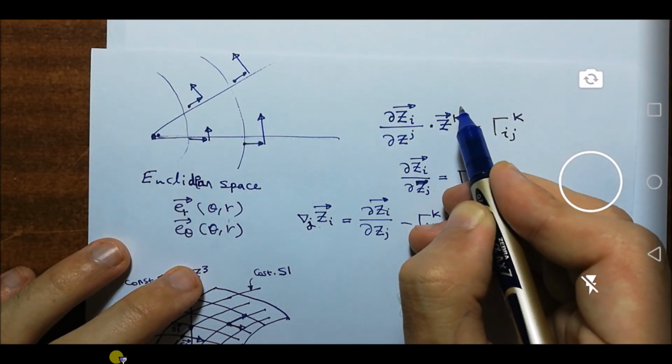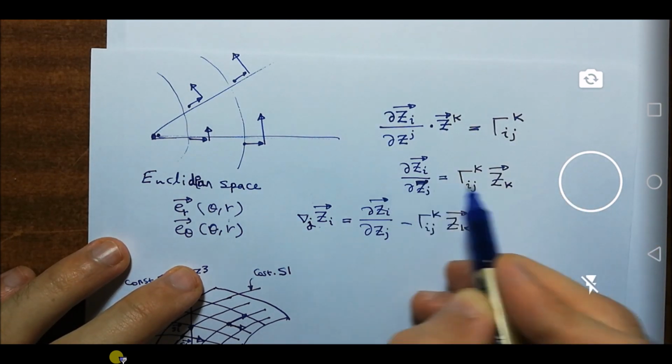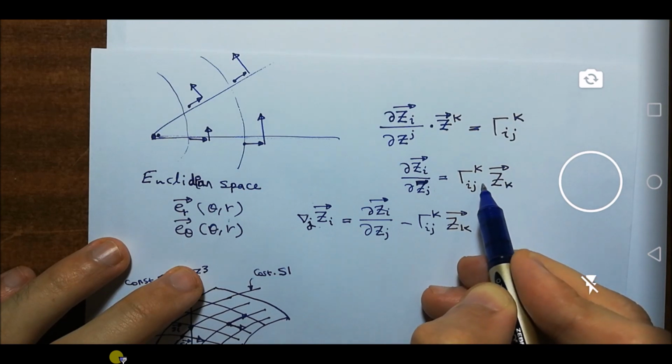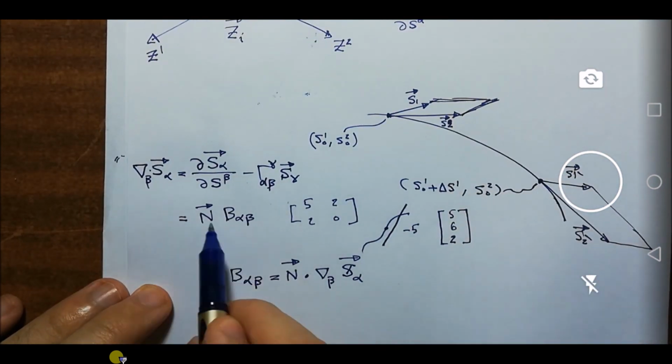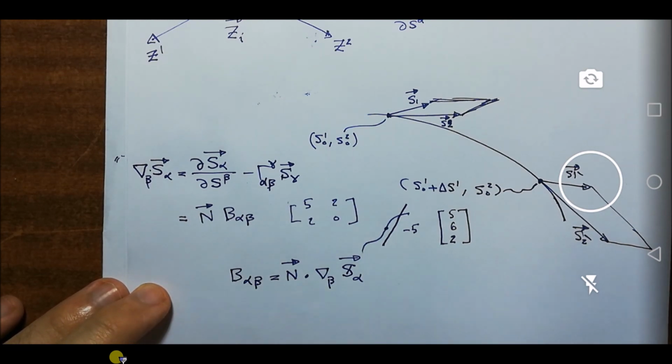Okay, so z^k dotted with z_k, the result is 1, and z^k on the other side appears here. So it's very similar here. I just dotted both sides with the contravariant version of this n, and this was the result.